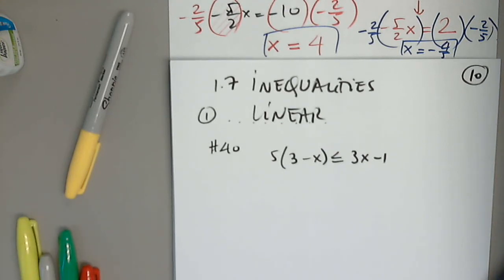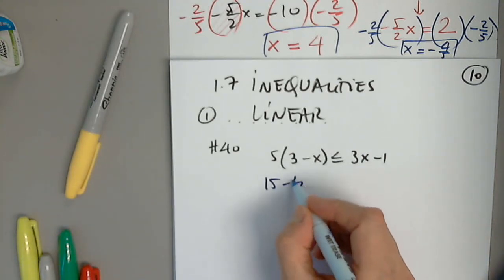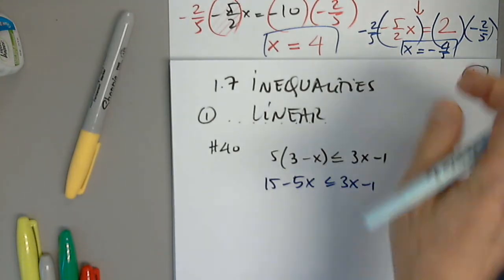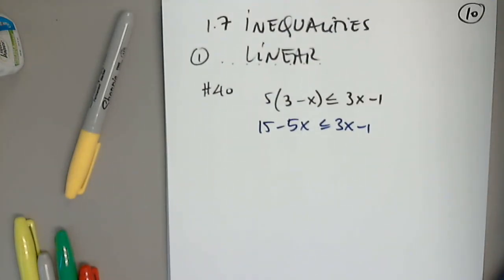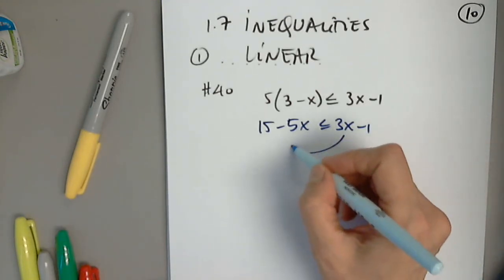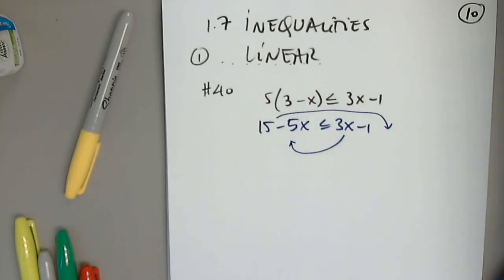So what do you recommend first? Of course. So 15 minus 5x less than or equal to 3x minus 1. Then? Yes, because both sides are completely simplified. I will move 3x and I will move 15. Can anyone tell us what I have to write next?